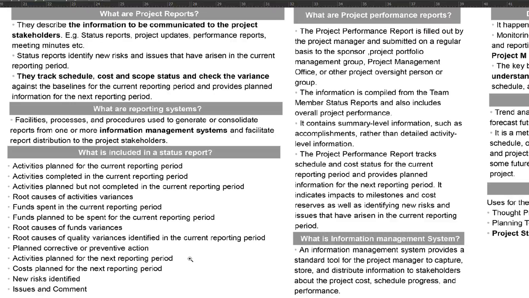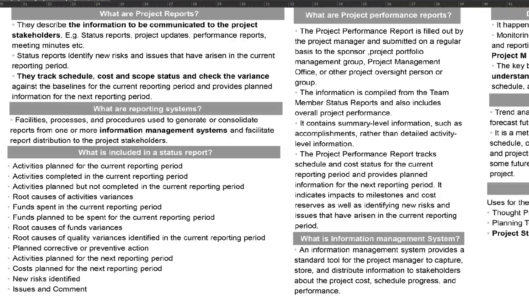How much have we planned to finish in the scope? How much have we planned to spend the money? How much time do we plan on finishing the project, and so on and so forth. So new risks are identified in the status reports if there are issues and any comments.